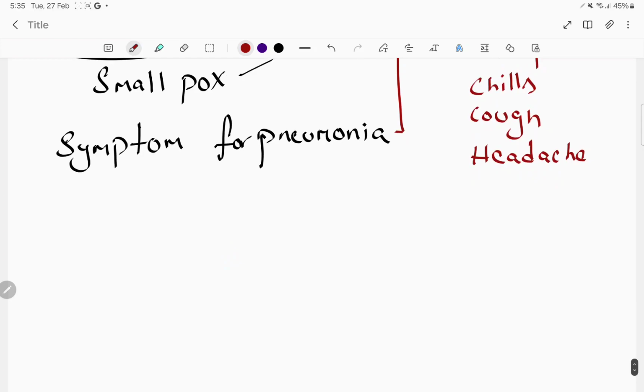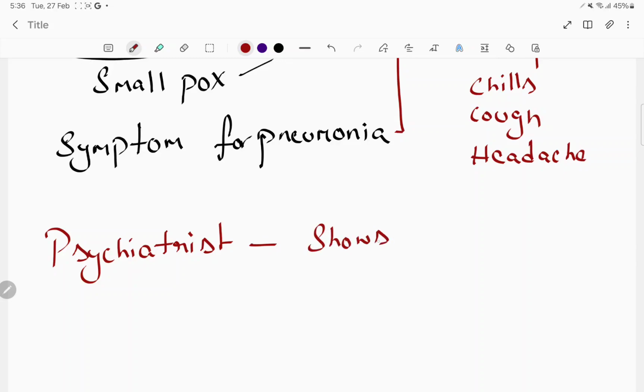Okay. Assume that when a healthy person is diagnosed as an unhealthy by a psychiatrist, then what is the reason? So he shows behavioral and social maladjustments.